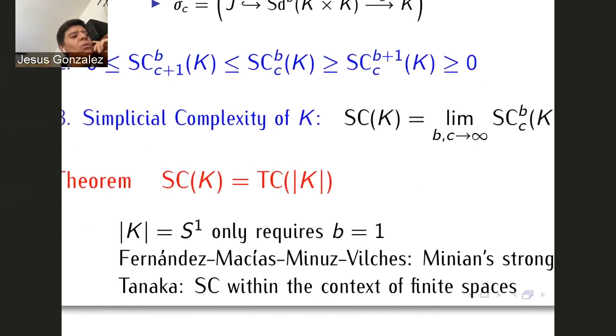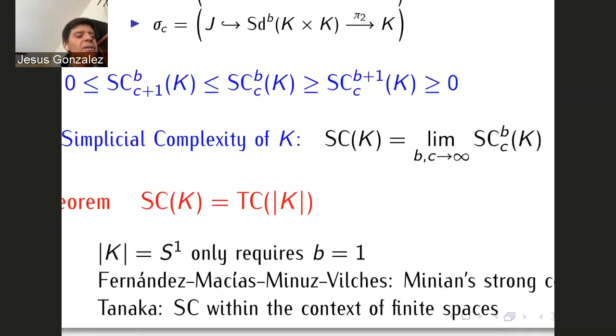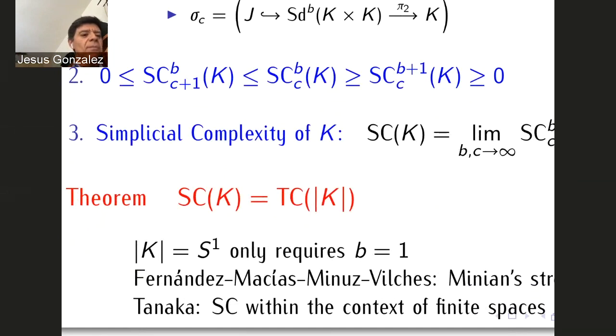But the point is that if you try this with a very simple space like the circle, maybe a triangle, if you do not subdivide, then the corresponding simplicial complexity is not the real answer. You need to subdivide once and only once, and this is still doable by hand to realize that you have this equality given by the theorem, and indeed this was one of the motivations for this theorem.